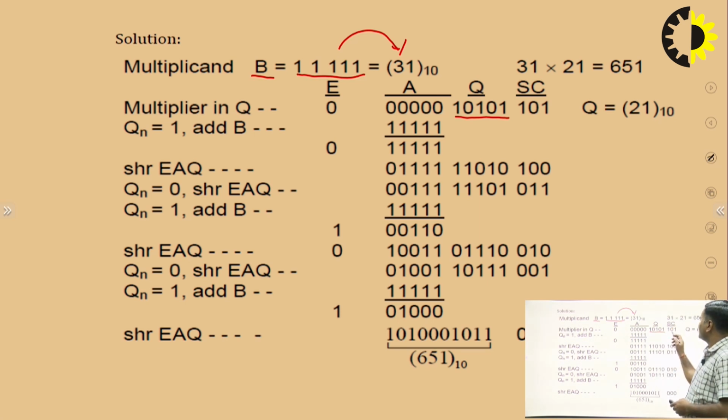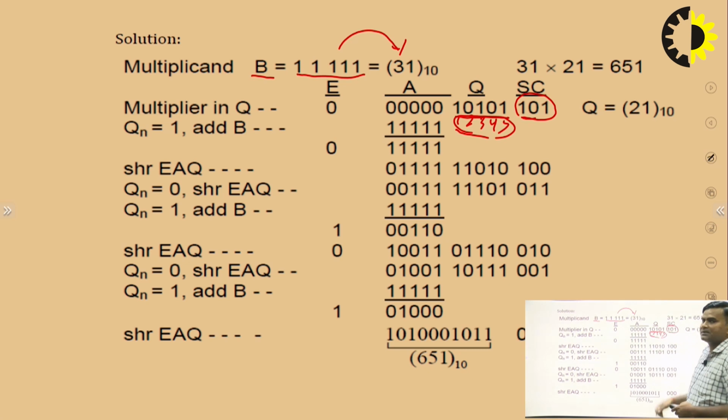Here we can set the sequence counter. We have to count the number of bits in the multiplier, that is 1, 2, 3, 4, 5. So the number of bits in the multiplier is 5.